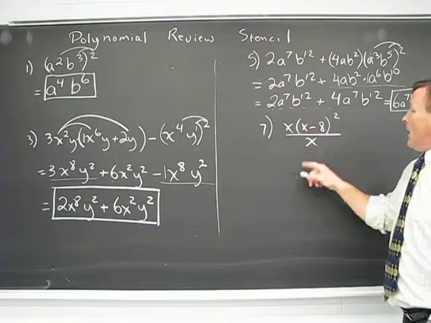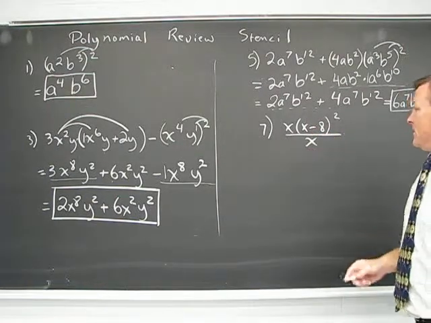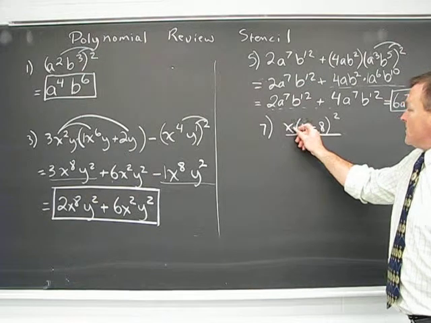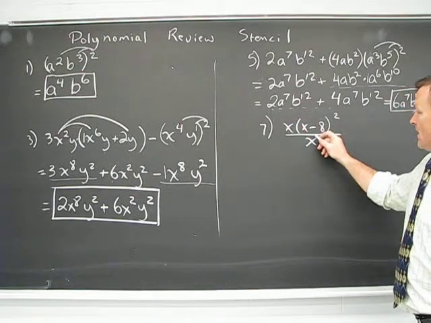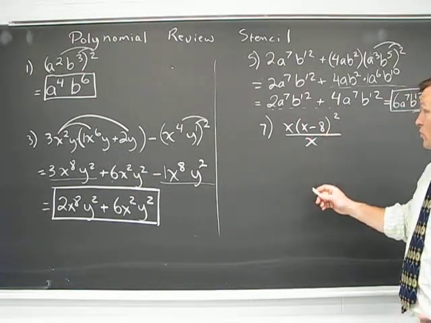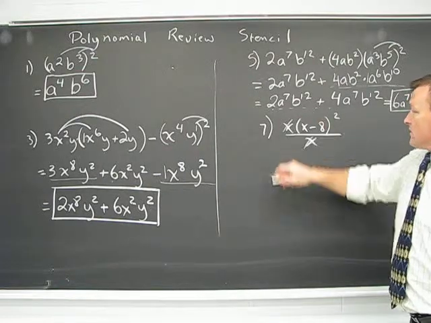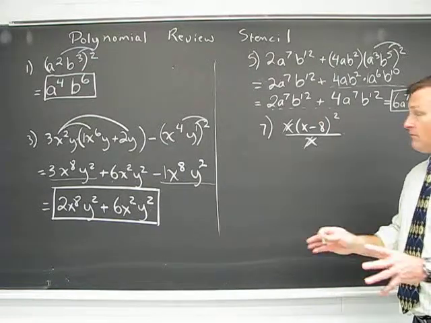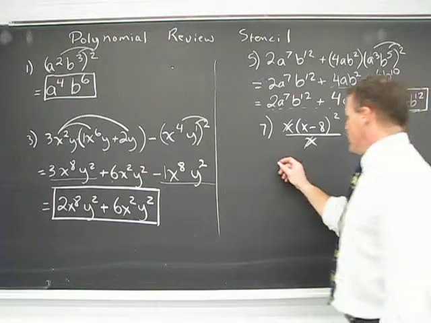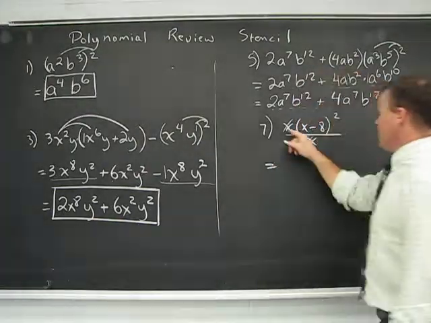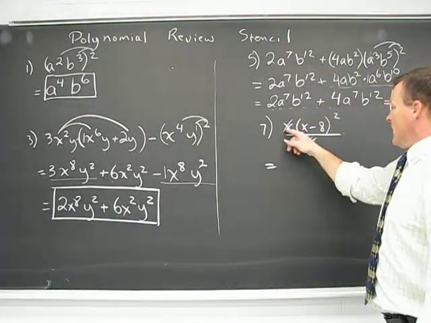Can't do that. And then you're dividing by an x at the end. So this is x times mess divided by x. You're allowed to, and you should, cross off those x's because they're both multiplied. If you don't feel like doing that in the first step, you can do it later, but I'm going to get that out of the way now to simplify first, get rid of the x's.